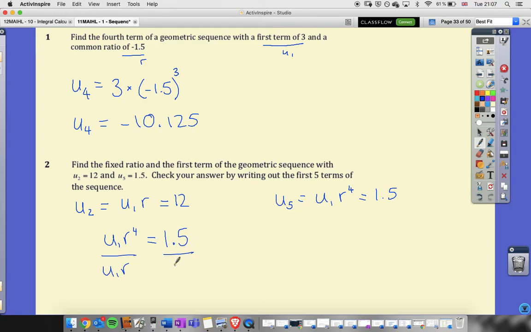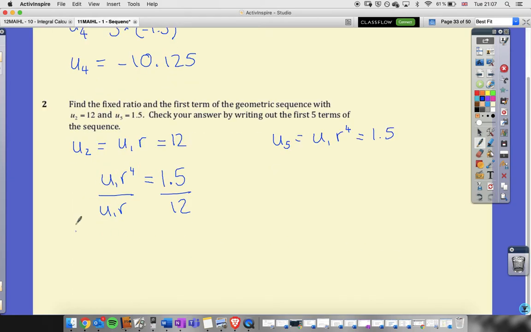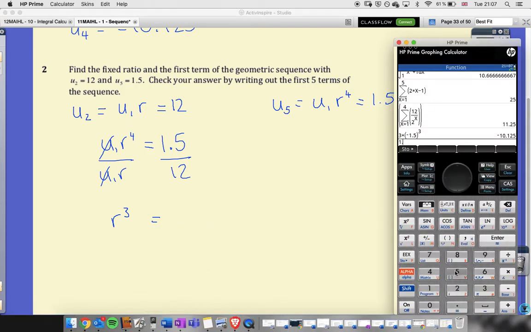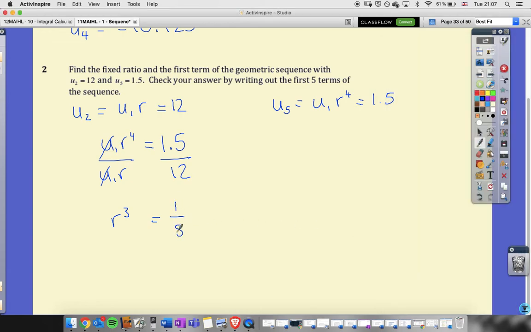This is how we can eliminate a variable: we can eliminate the u1s. So the u1s will go, and I'll be left with r cubed, and I'll have 1.5 over 12. Let's just check. 1.5 divided by 12 is, yeah, 1/8. Then we can cube root that to get our common ratio, which is 1/2. We were expecting something smaller than 1, so that's good.